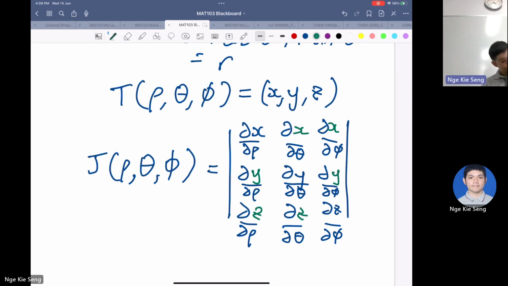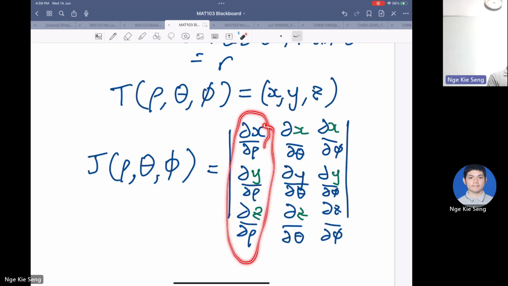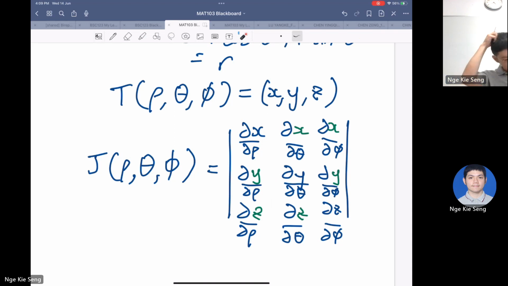But if you exchange it, it's a transpose, right? So is it transpose or not? Actually it's not transpose, it's a whole row, row X over row. Yeah, it's not transpose. Okay.